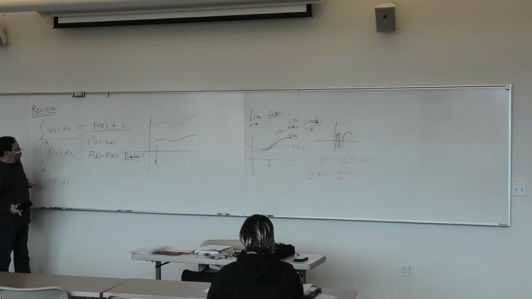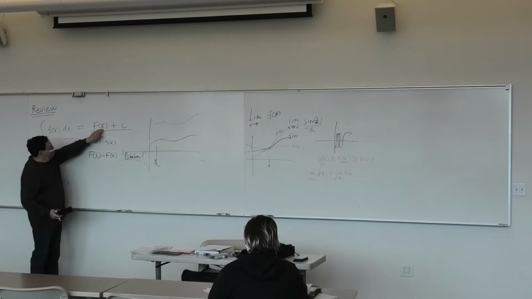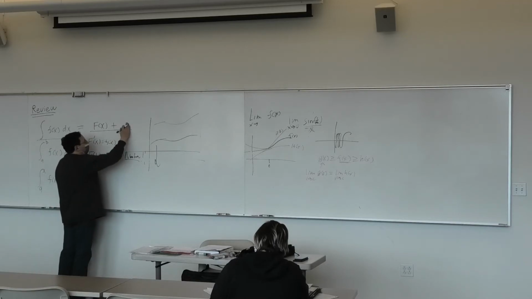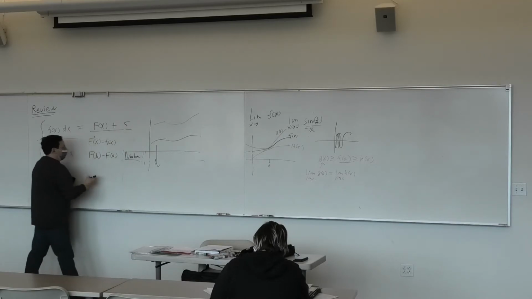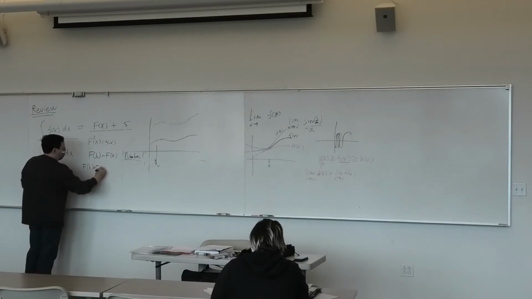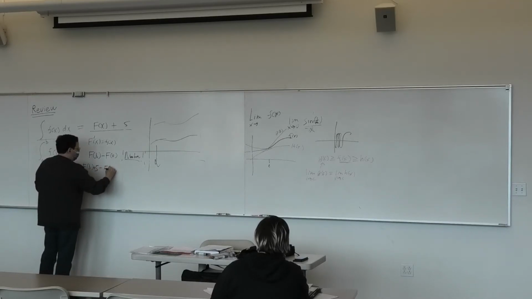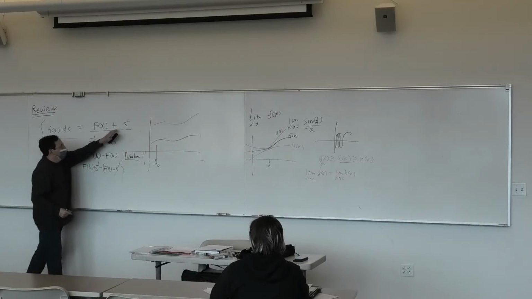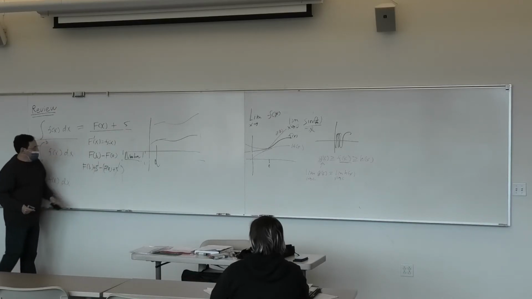Now you might say, wait a minute, we could have gotten F of x plus some constant c, let's call it 5. Then this is F of b plus 5 minus F of a plus 5. The 5s are going to cancel, so this constant doesn't really matter here.